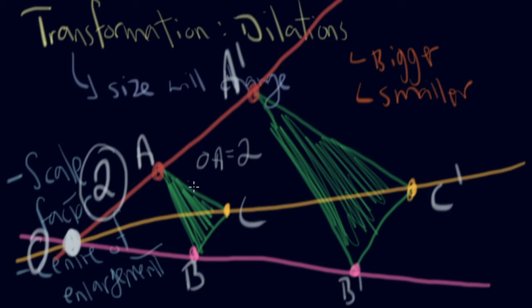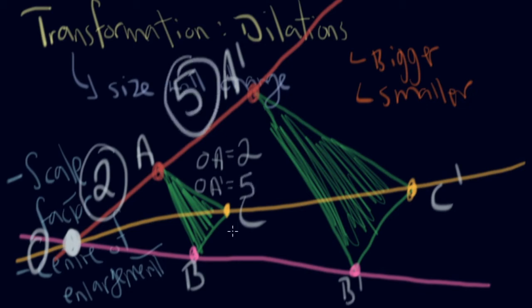But then OA prime, let's say, I don't know, it was 5. So like that, OA prime is 5. Well, then we could say that the ratio of OA prime to OA would equal 5 to 2.